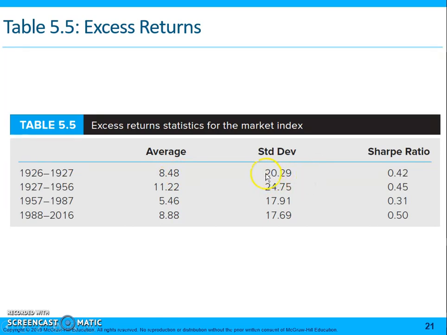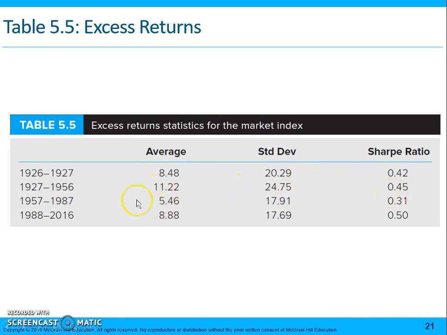Standard deviation of just over 20% represents a Sharpe ratio of 0.42. Then from 1927 to 1956, we had an average of 11.22, much higher standard deviation of almost 25%, represents a Sharpe ratio of 0.45.